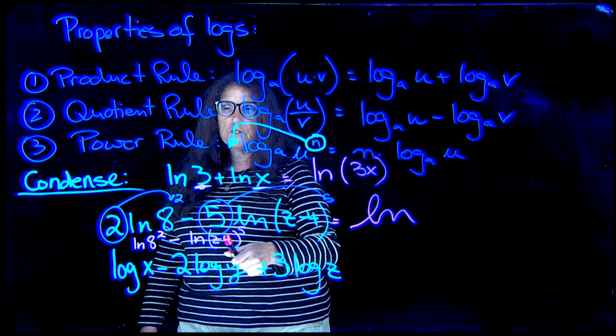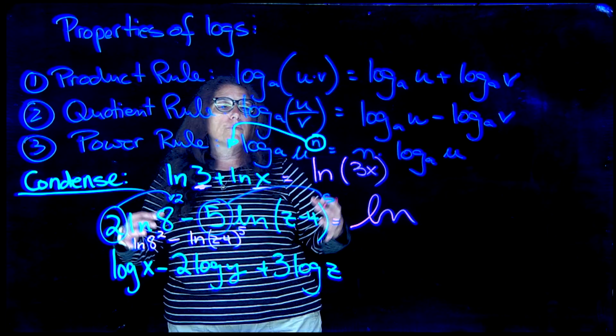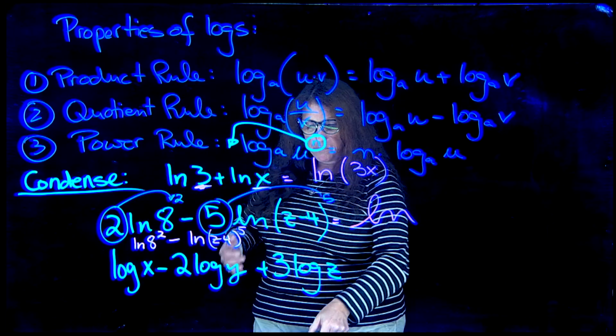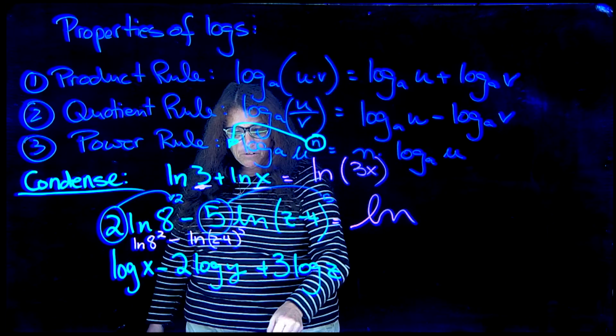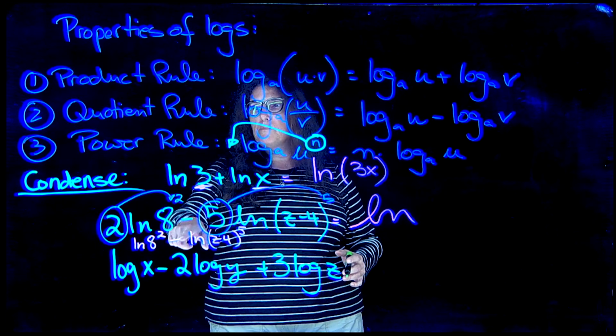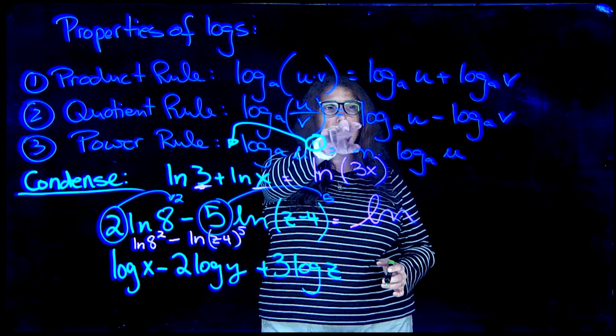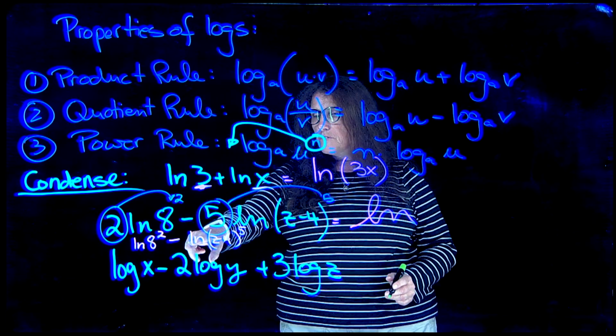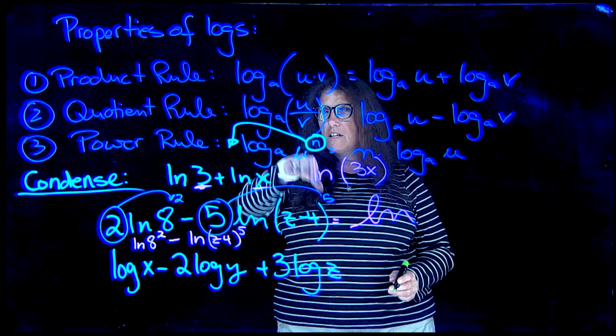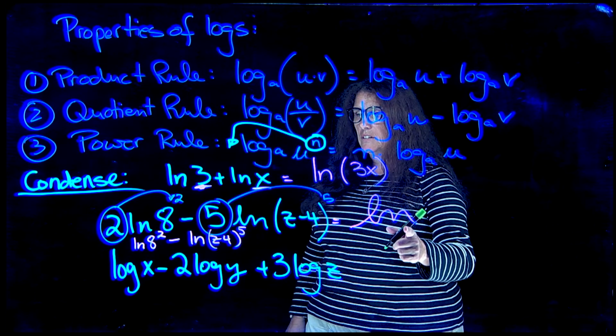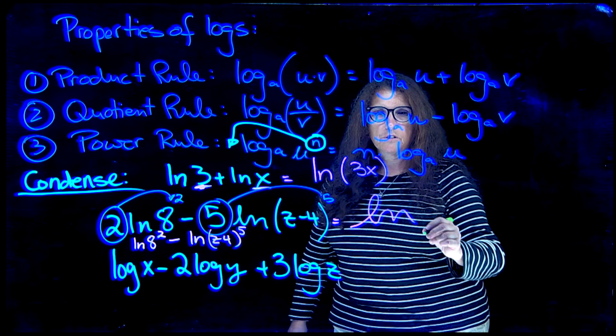Okay, so first I use the power rule. Which order you do that in doesn't really matter. So I use the power rule first, and now I match it up with the quotient rule. I have a difference here. That means I have to write it as a single ln as a quotient.